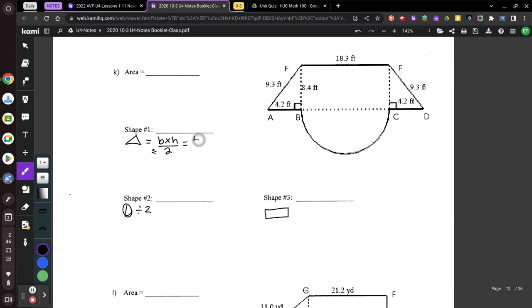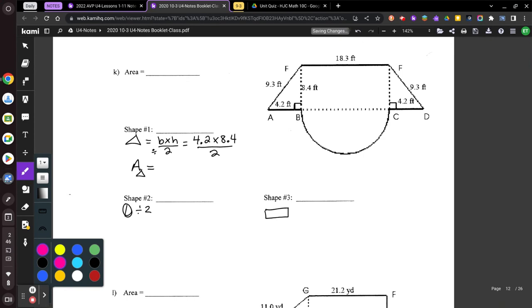That's going to give me 4.2 times 8.4, all divided by 2. So area of the triangle is 17.64.